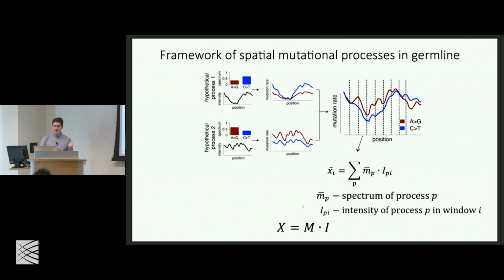And so that's why this whole matrix X, which is a matrix of frequencies of mutations of different types in different windows, we assume that it is decomposed in a product of two matrices of small dimensions, of matrices of spectra of unknown processes and their intensities in windows.